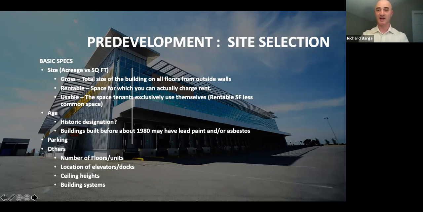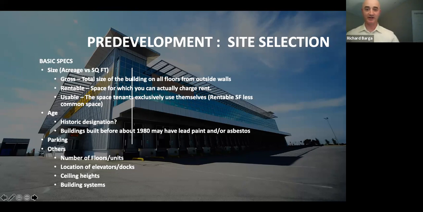There are historic neighborhoods. Does your building fall in any of those neighborhoods or areas is really important. But also, and we talk about this a lot, buildings built before 1980 may have some type of lead paint or asbestos issues. So you really want to be careful if you're buying buildings that haven't been remediated for lead paint and asbestos.